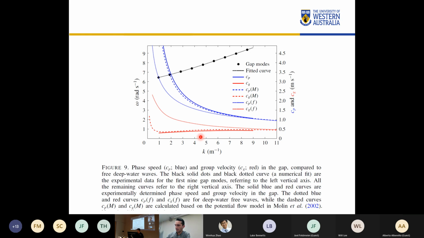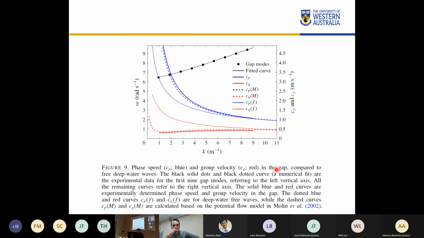You can see they match quite well. And then we also compare to the free waves, which is the dotted line. If you compare these curves, in particular the dotted red curve and the solid red curve, you can see the wave group velocity inside of the gap has been significantly reduced.